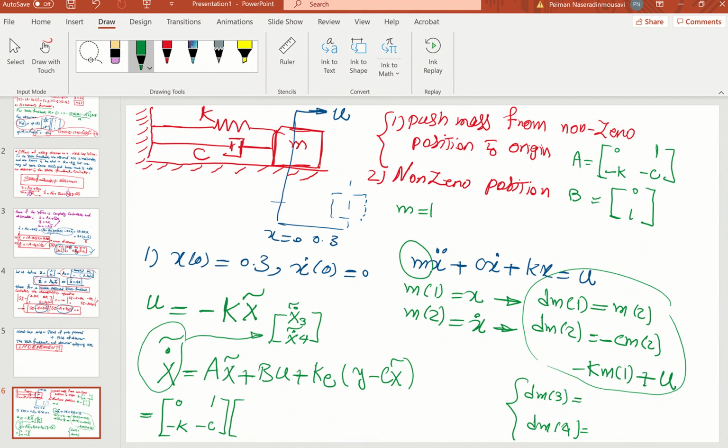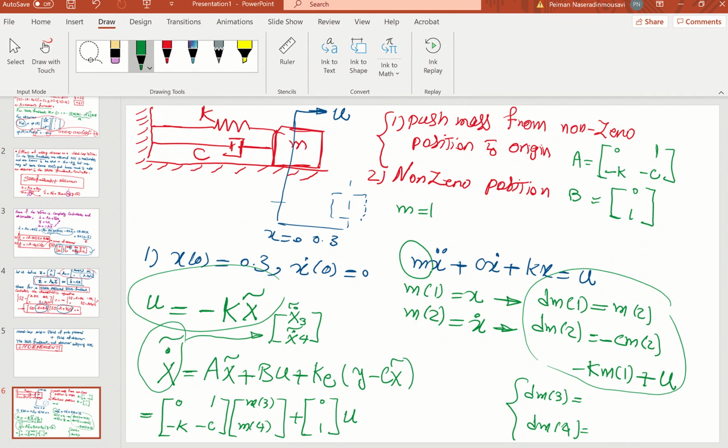See, this side is equal to, in x, here you're gonna write like what, gonna be m3, right, and in m4 plus Bu, B is 0 and 1, and u that we had from here.